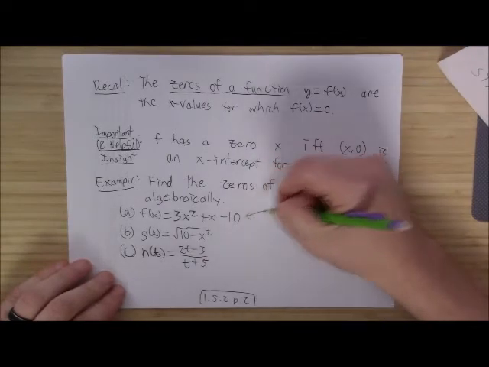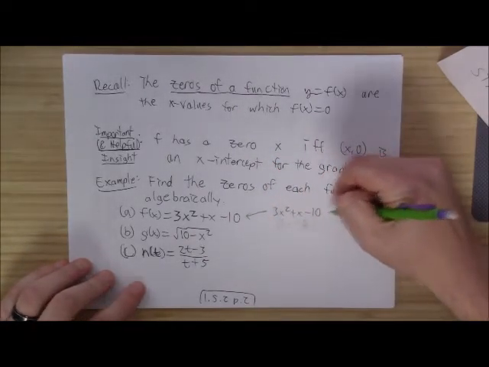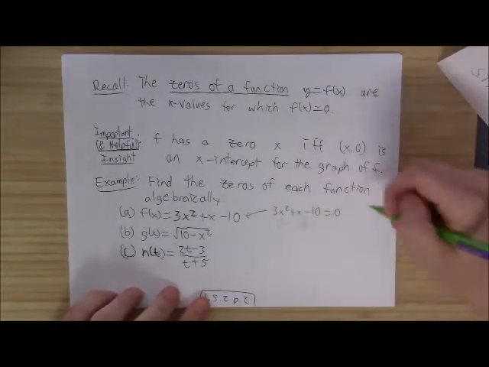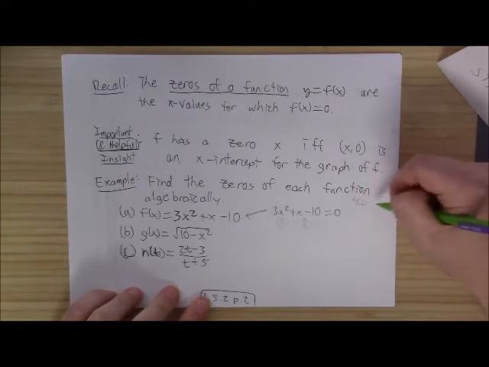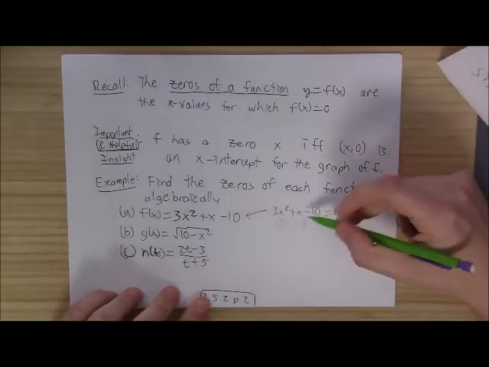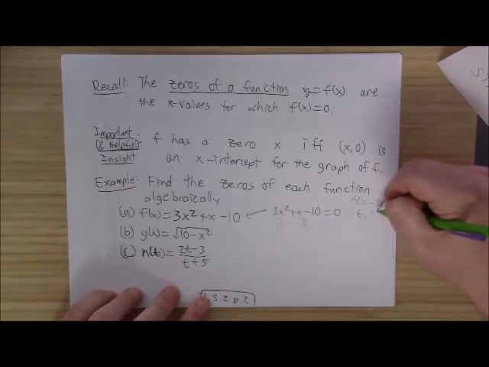So here we have that 3x squared plus x minus 10 equals 0. Using the AC method, AC equals negative 30, which means the way we can split this up would be with a 6 and a negative 5.